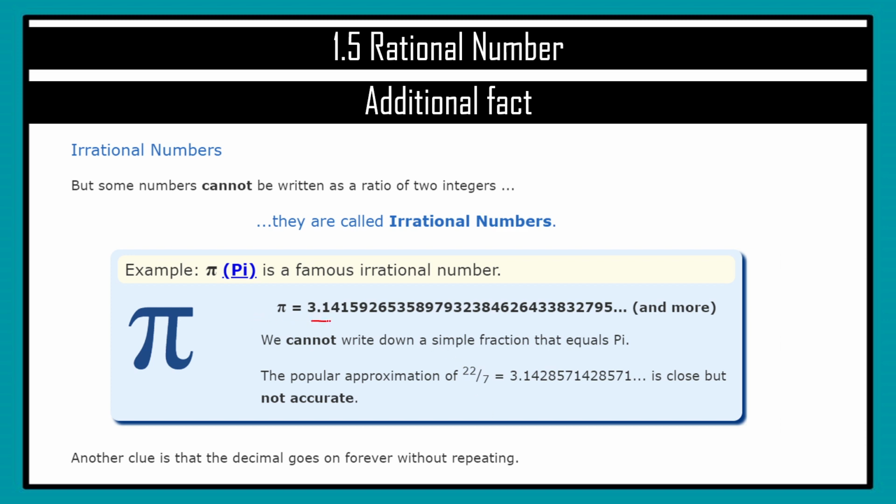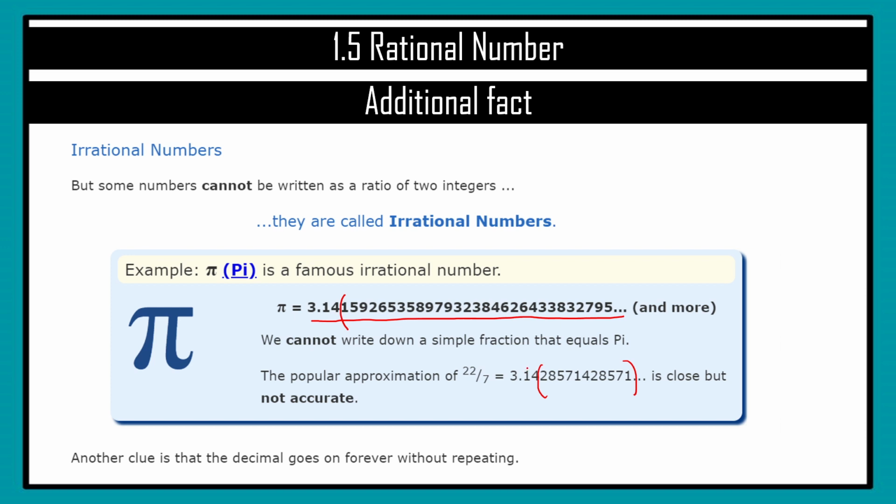One is a very long decimal number. The other, a popular approximation, is 22/7, which gives almost the same value, but the digits start to differ at some point. It's just a close approximation. Pi is unable to be written as a fraction, so it is called an irrational number.